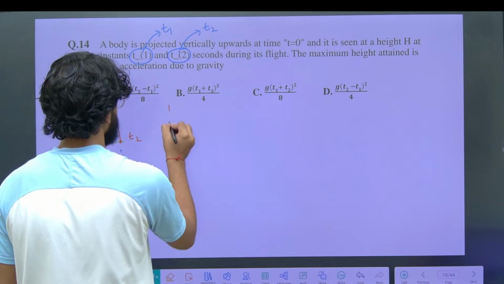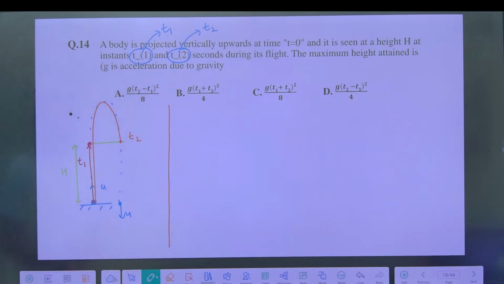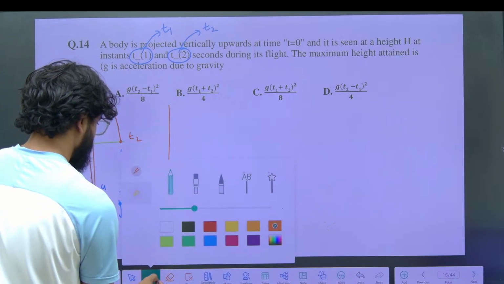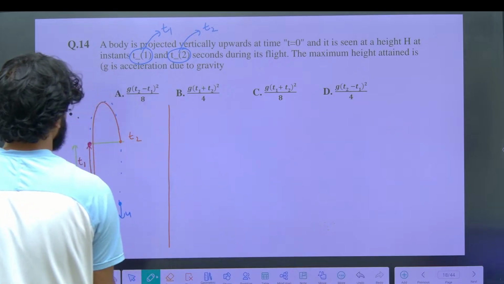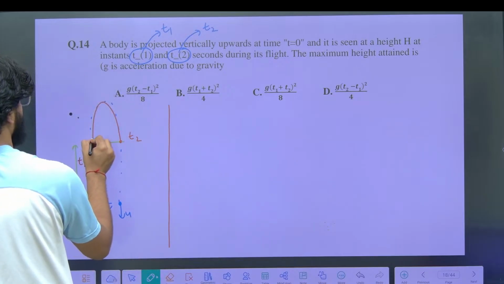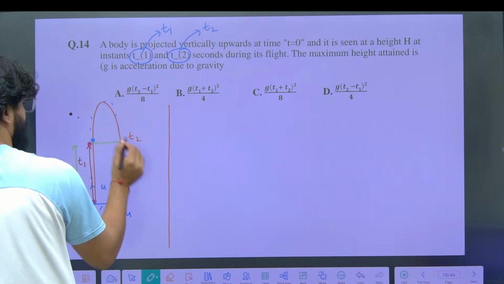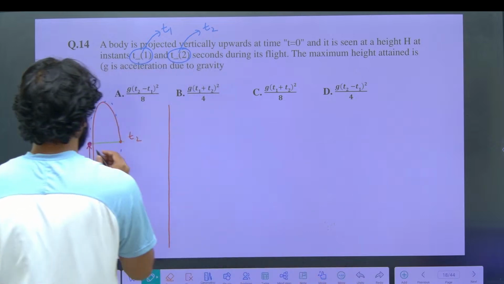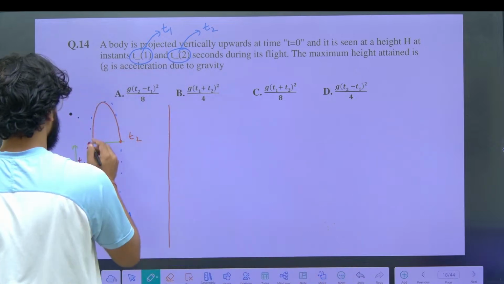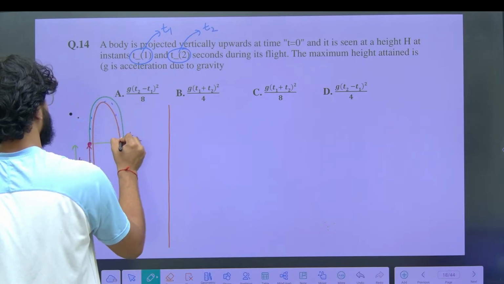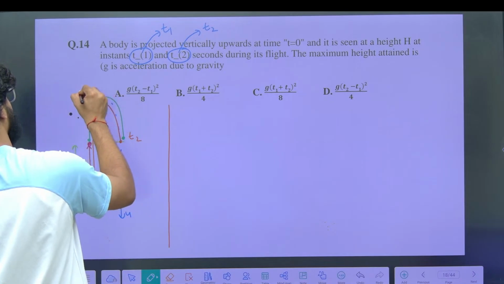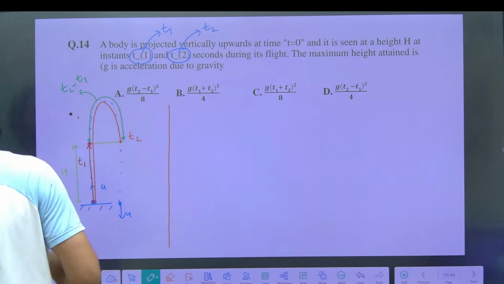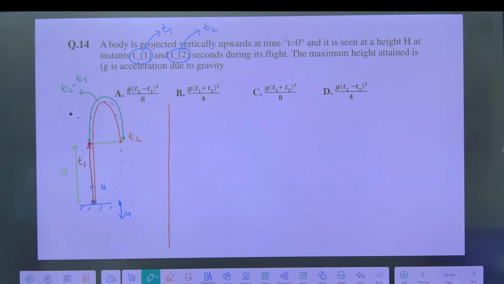Okay, so can we say this, that here to here, this green time, it is t2 minus t1? Yes.